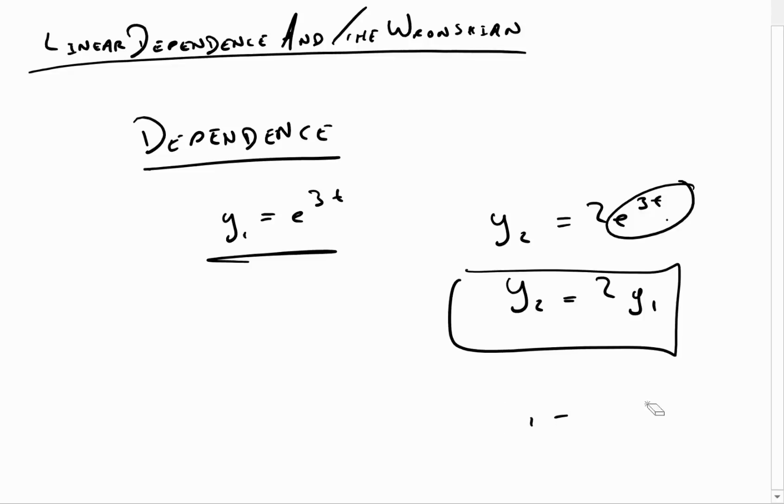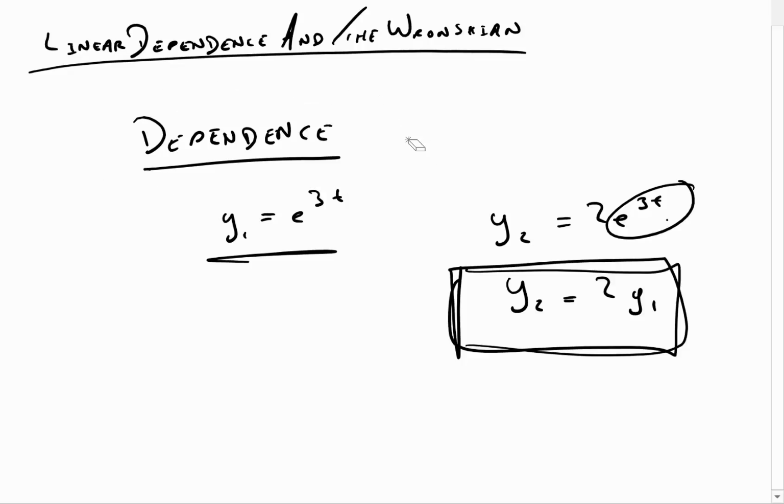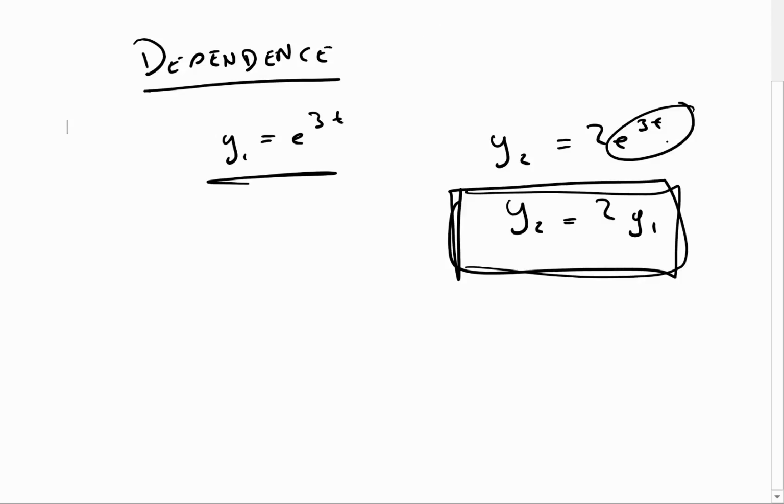The idea is that because one solution could be written in terms of the other, one solution is a multiple of the other, they depend on each other. It's like a mother and child relationship. They depend on each other to work. One solution can be written in terms of the other solution, or one is a multiple of the other.